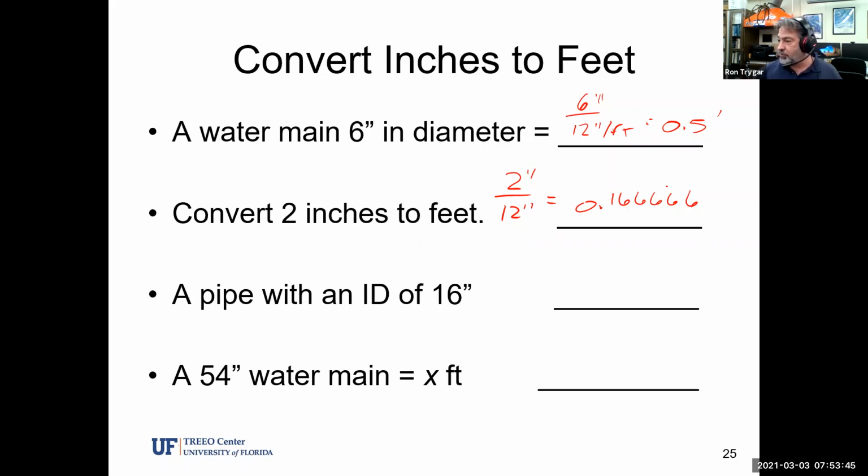So I'm not going to use 0.166666, I'm going to say that this is going to be 0.17. I'm going to drop off all those 6s, so that 6 there is going to round up to a 7. So 0.17 feet.